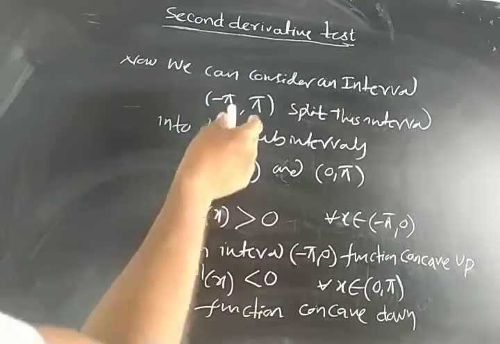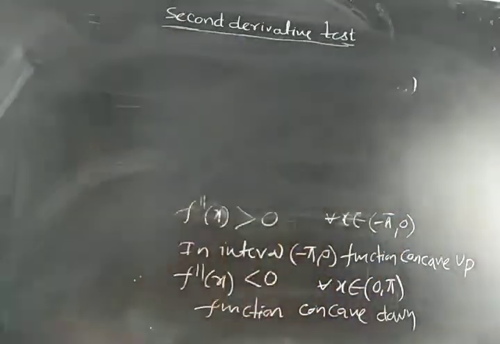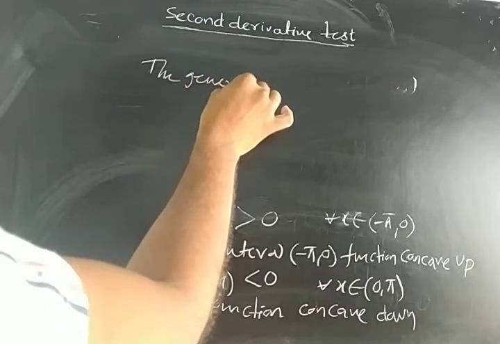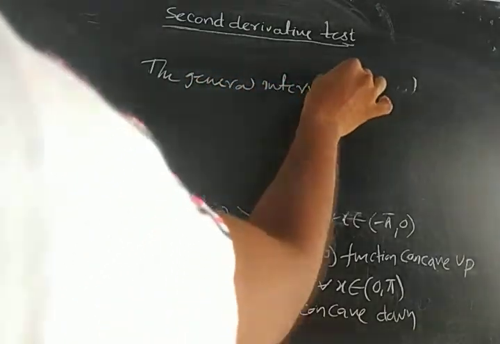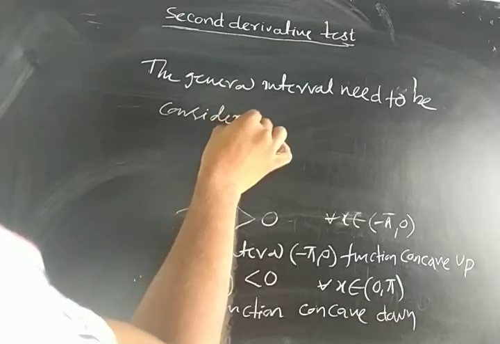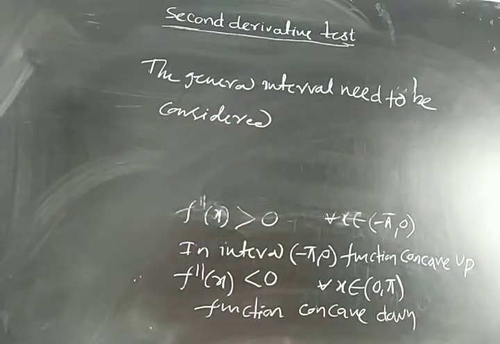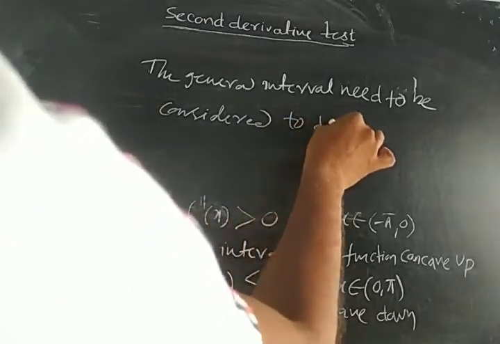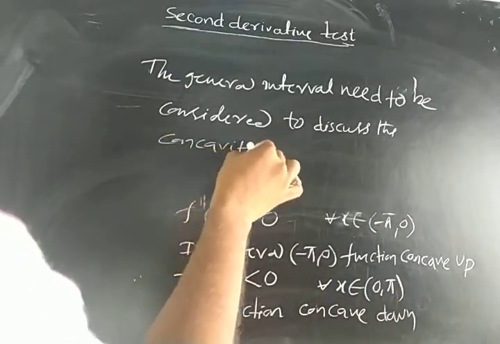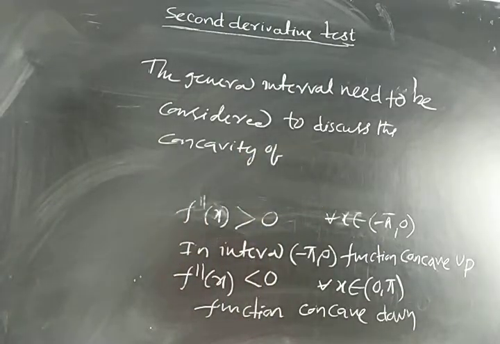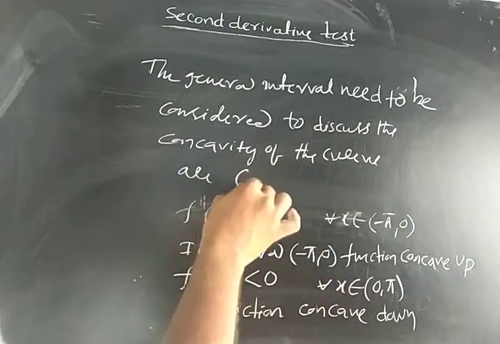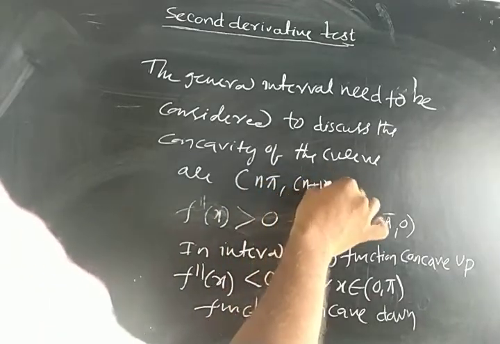So the general interval needs to be considered to discuss the concavity of the curve: n pi comma n plus 1 into pi.